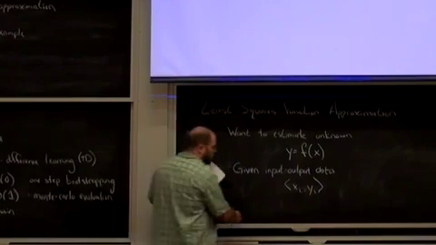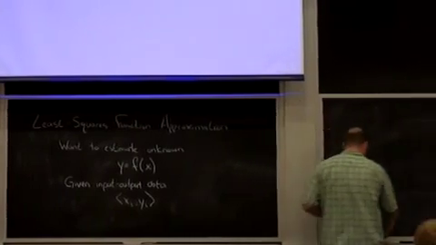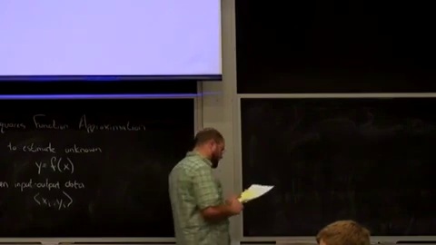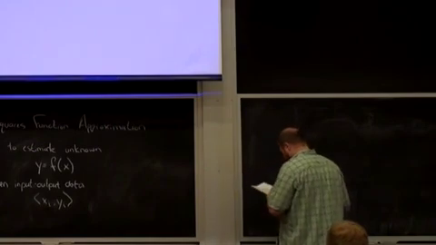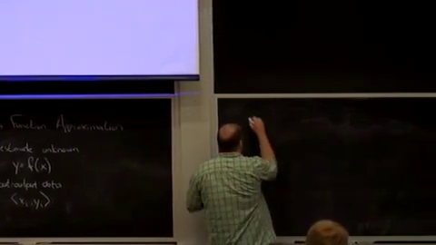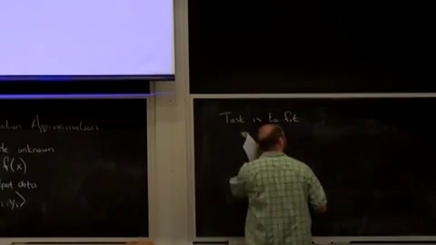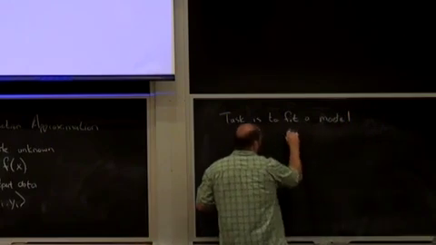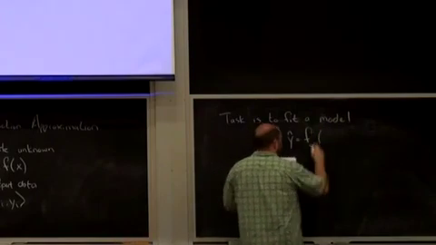So the standard way to do this is to write down a cost function. There are many cost functions you could use, but the one most people use is a least squares cost function, where we're going to try to find a model where y hat is some f of x that depends on a parameter vector alpha hat.